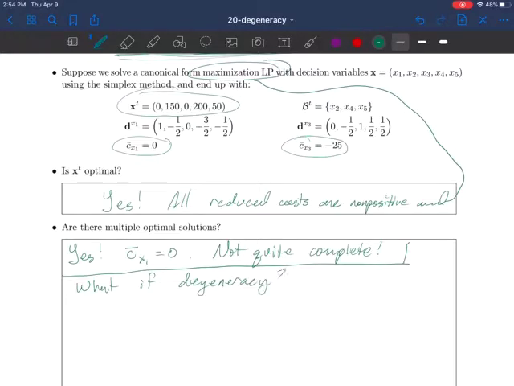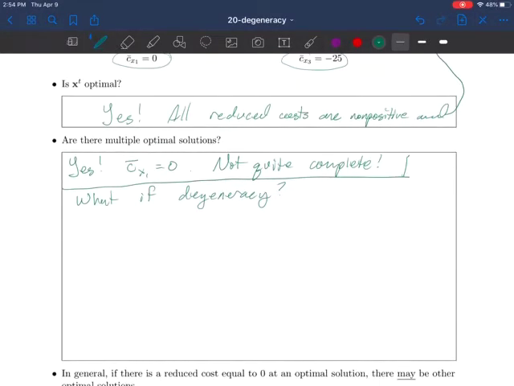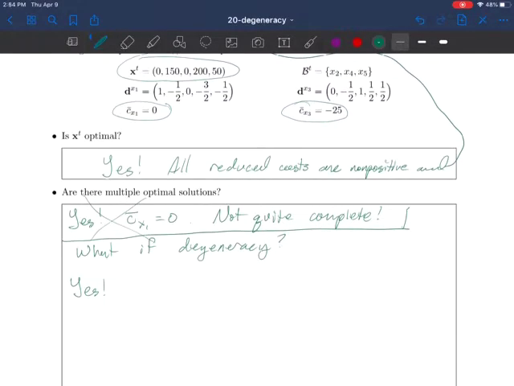Here's the problem. What if we have degeneracy? In other words, what if the step size is 0? So this is not right.